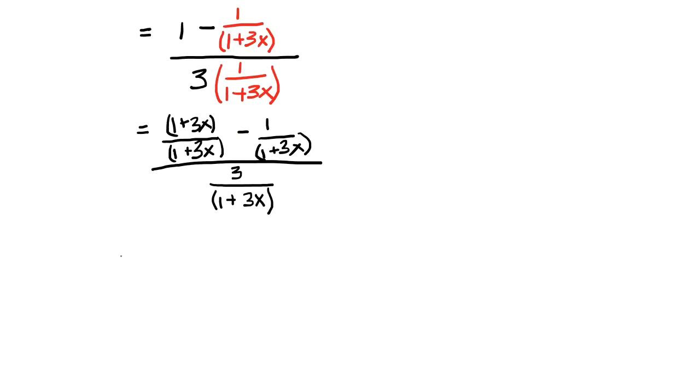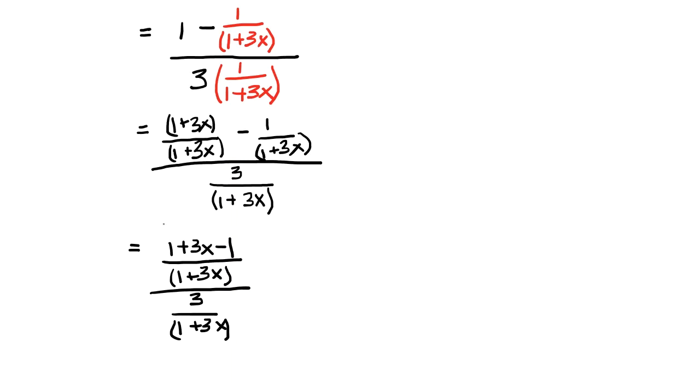So we have 1 plus 3x minus 1 all over the denominator, 1 plus 3x for the top, and in the bottom, we have 3 all over the denominator, 1 plus 3x. Of course, in the top, 1 and minus 1 add up to 0.